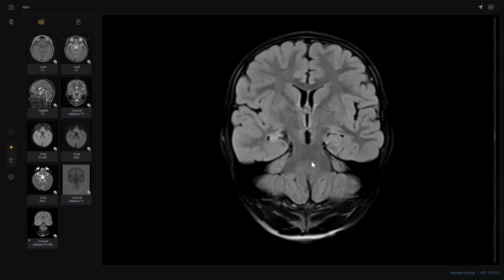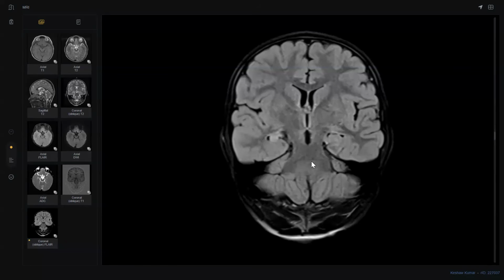I'm trying to look for any abnormal signals on the left side, but it appears to be a unilateral right-sided pathology. I'll convey my findings to the referring physician, and the patient needs to be on anti-epileptic medication. If refractory, the patient needs to be discussed in the neurology MDT for further surgical management.